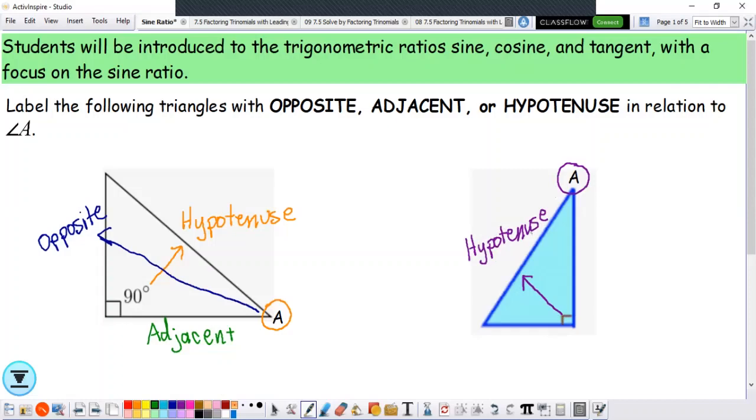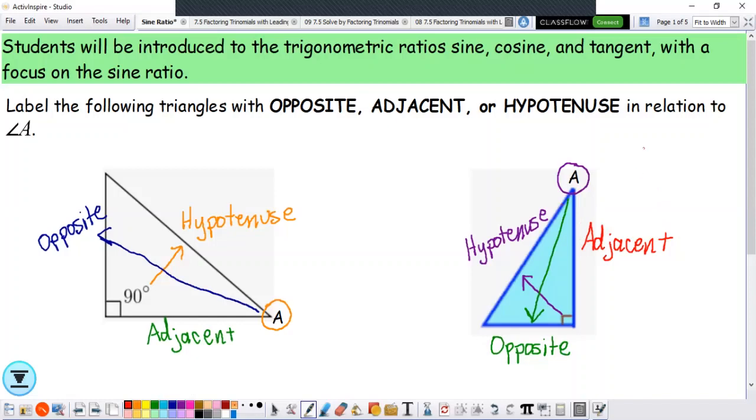If you go across from angle A, that side will be your opposite. And then that leaves the third side, which also happens to be a side that helps form angle A, to be the adjacent to angle A.